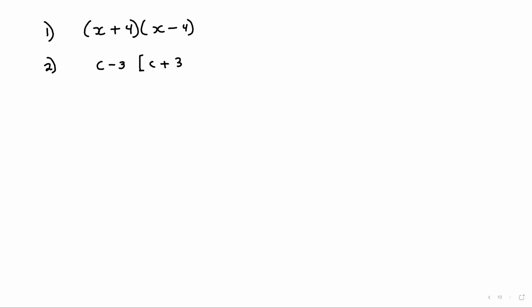I'm using square brackets here because if I use the round brackets, it looks like C itself. Notice it doesn't matter if the plus is in the first bracket or the second bracket. It really doesn't matter.